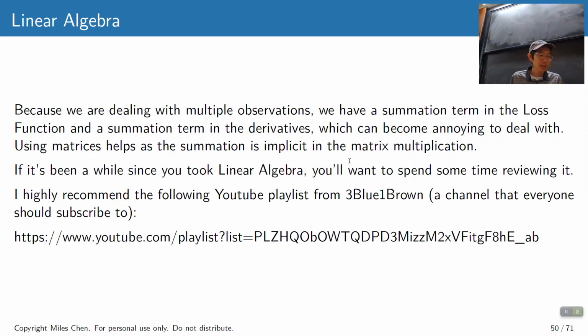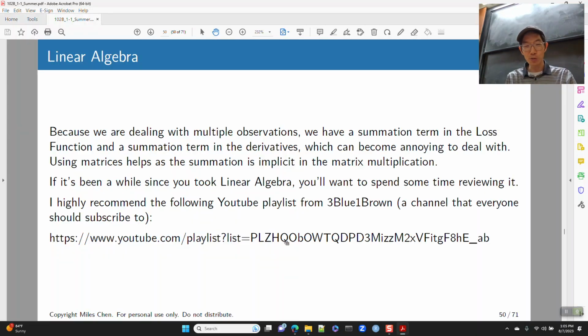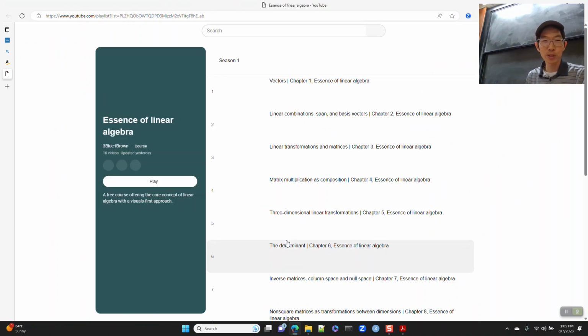Some of you took linear algebra just last quarter, and others of you, it might have been a while since you've done linear algebra. So I highly recommend reviewing all of your linear algebra. There is a playlist on YouTube from 3Blue1Brown.